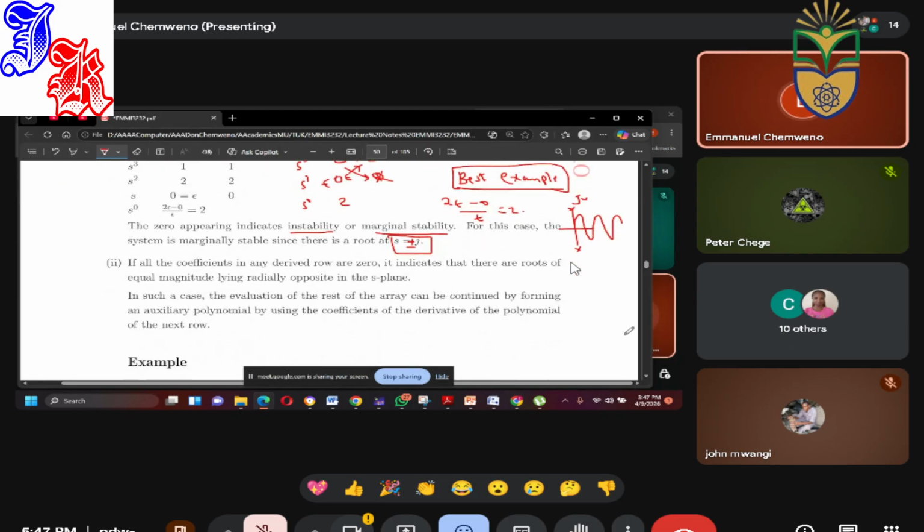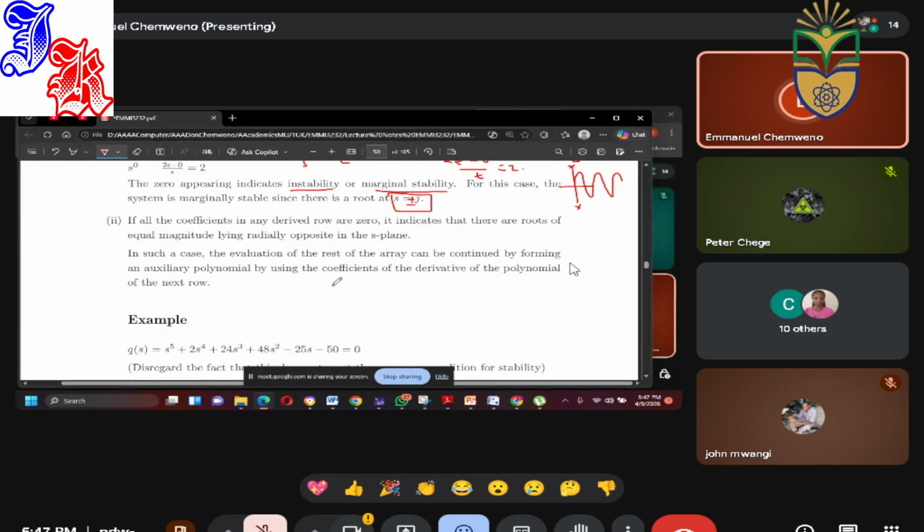The second special case is you may have a row of all zeros. What happens?